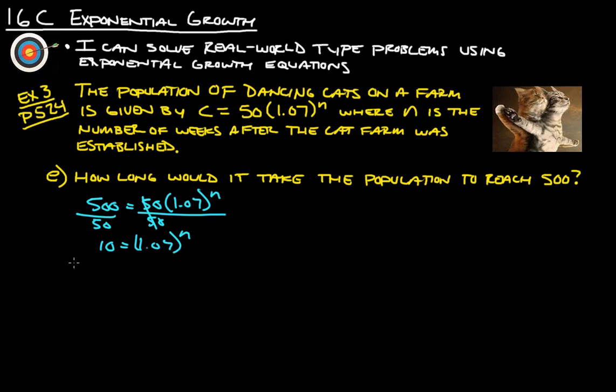Okay, so take the log of both sides. Log of 10 equals log of 1.07 to the n. Now the n can come out front: log 10 equals n log 1.07.